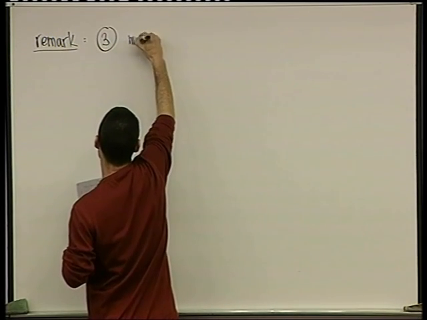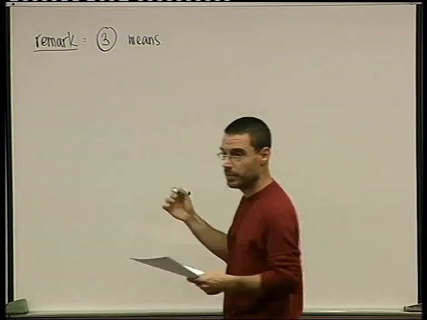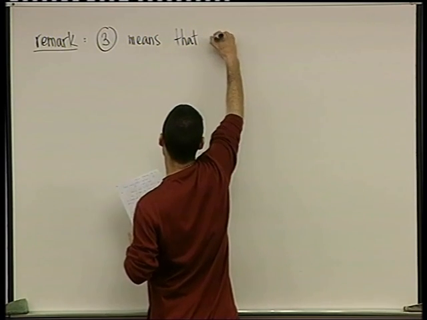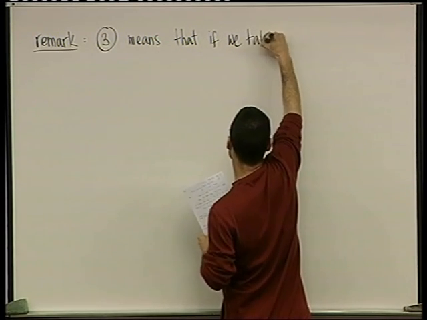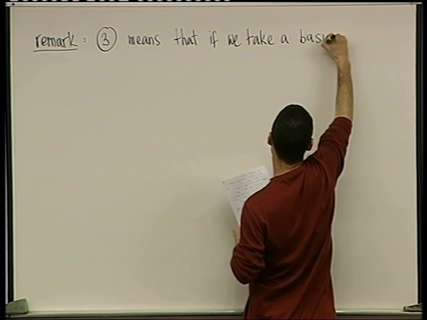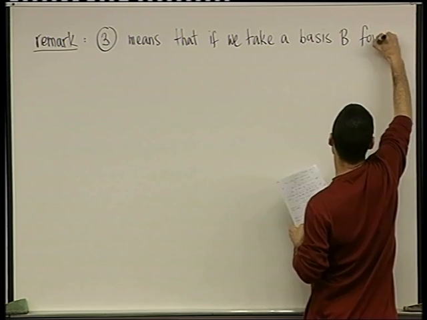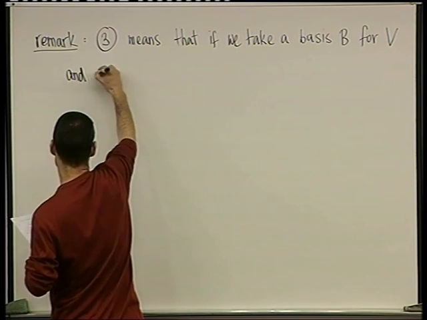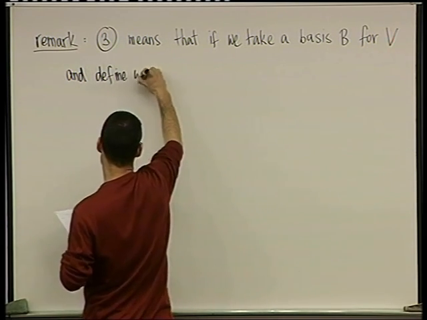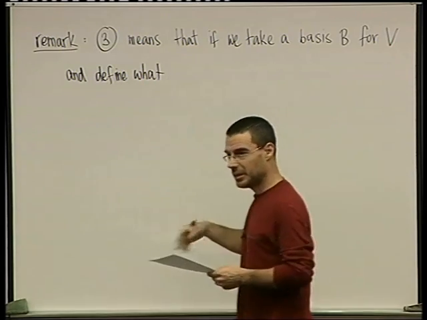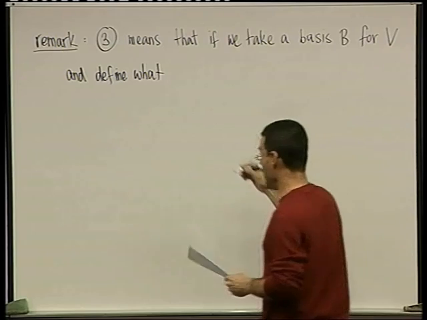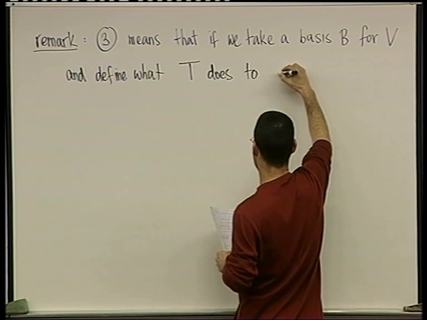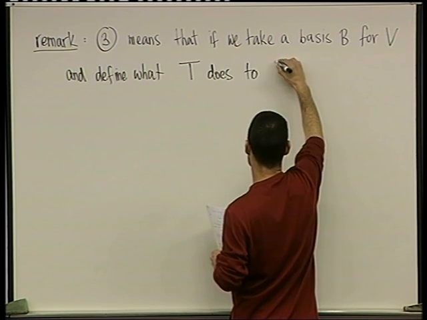Part 3 of the theorem means that if we take a basis B for V and define, I'm going to write it in kind of a non-formal way, what T does to basis elements.